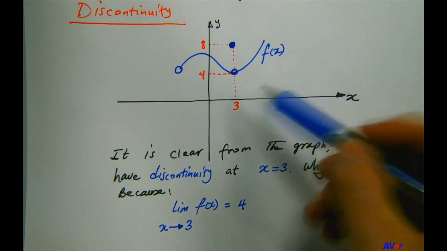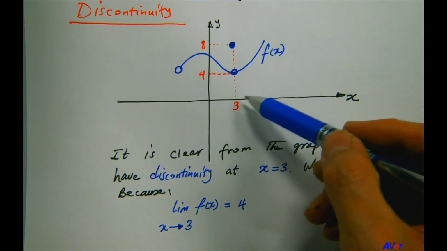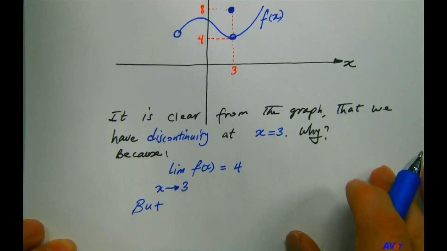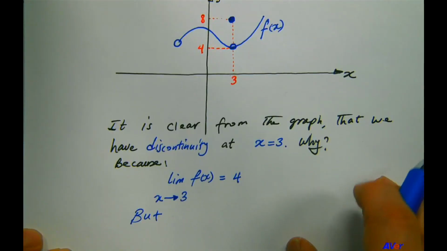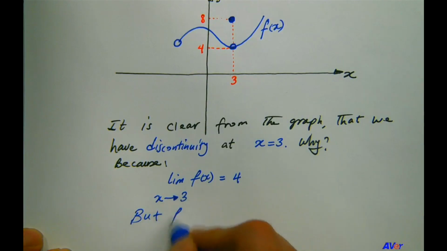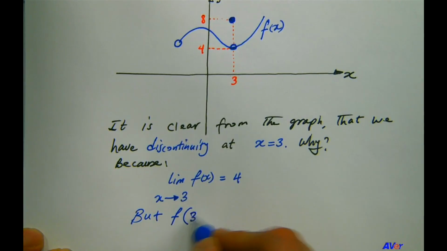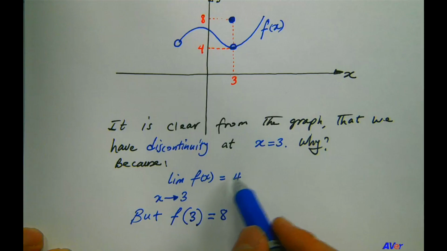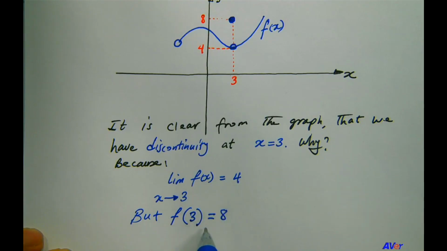But the value of the function at 3, so this is the limit, but the function at 3 is equal to 8. You see that? So the limit, even though it exists, is not equal to the value of the function at 3.